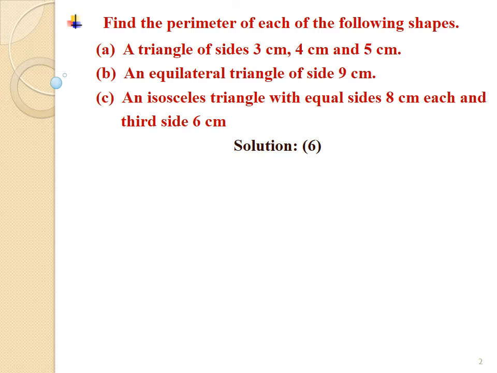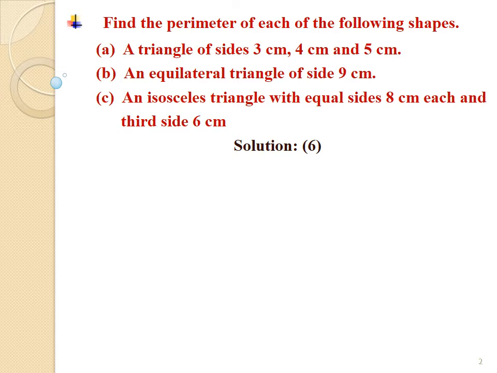Thus, to find out the perimeter of an equilateral triangle, we can also use a formula. Students, you have to remember that perimeter of an equilateral triangle is 3 multiplied by side. Students, in sub-question C, we have to find out the perimeter of an isosceles triangle.